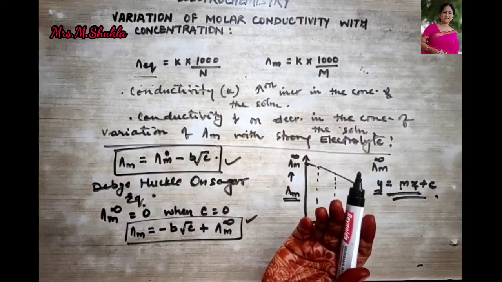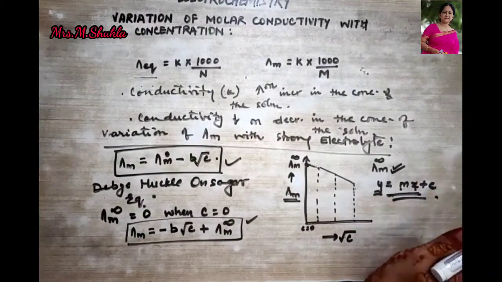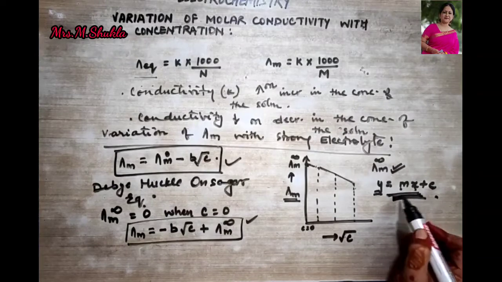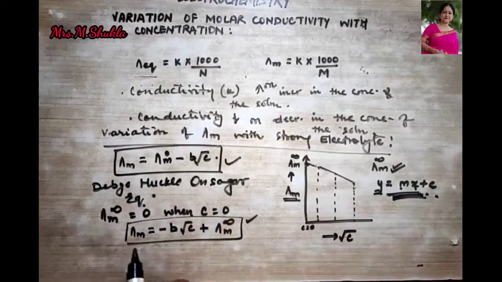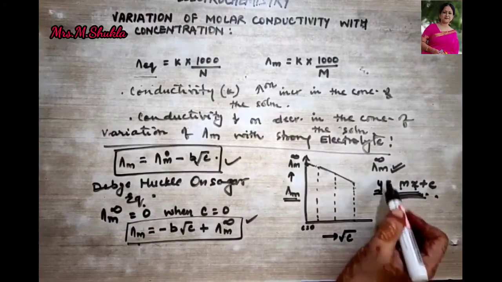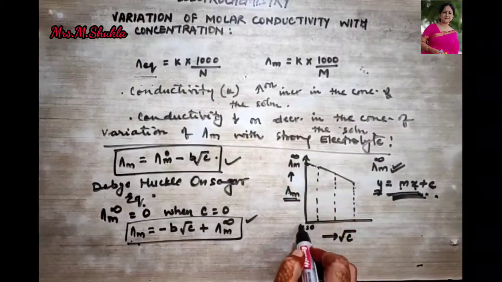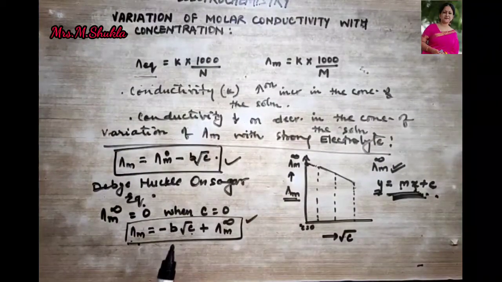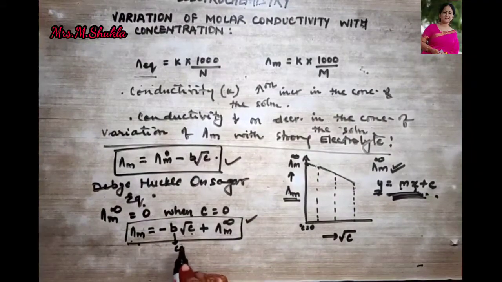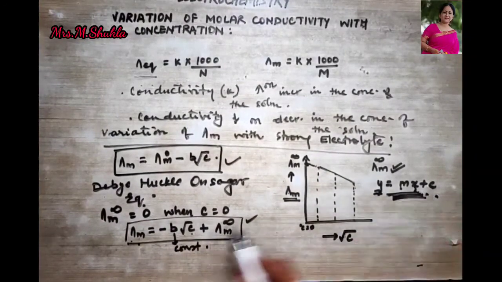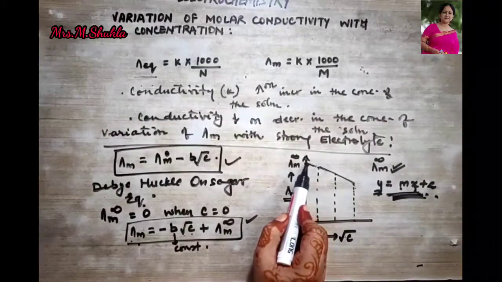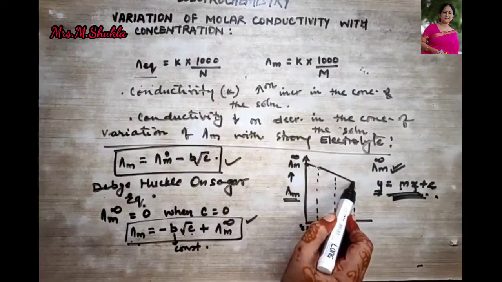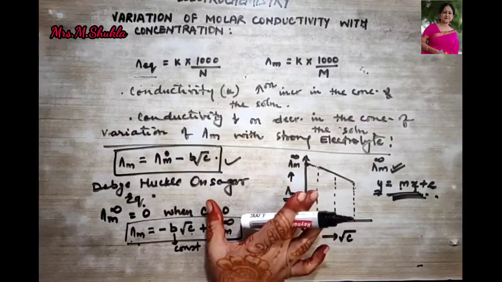It is expressed by this formula, and it shows a straight line because it follows the slope equation. Y axis is your molar conductivity, your x axis is your under root c, and your b is the constant, plus the y-intercept, the infinite molar conductivity, and hence we say that we obtain a straight line. I hope this point is clear.